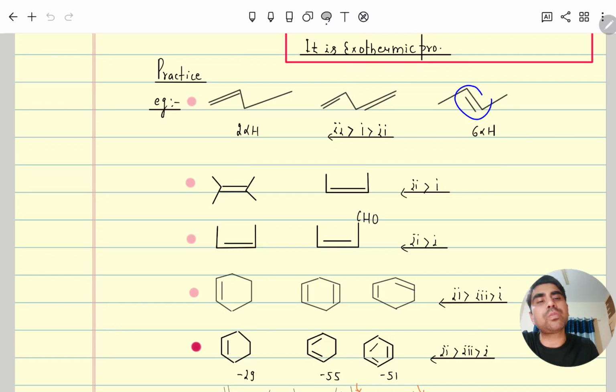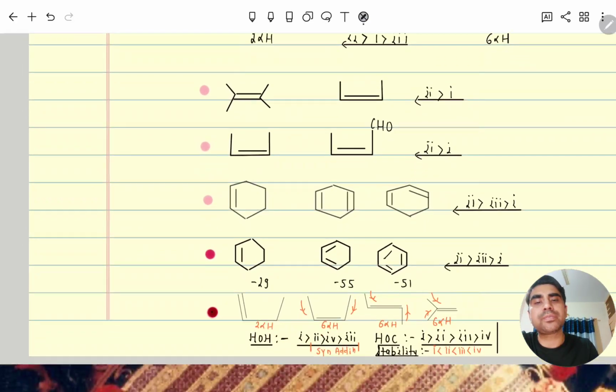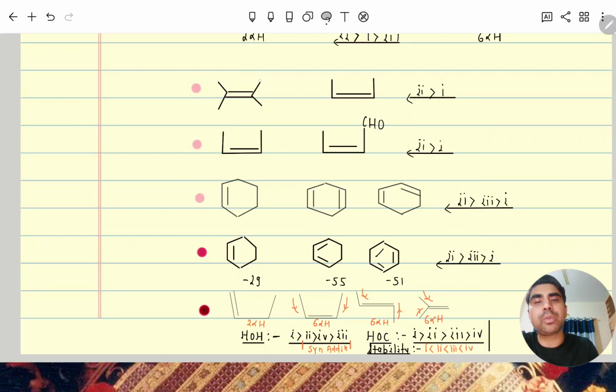So this alkene is more stable, so its heat of hydrogenation will be less. So second, then first, then third.